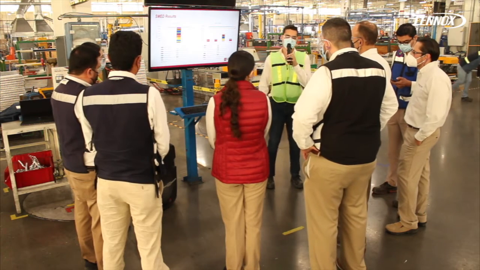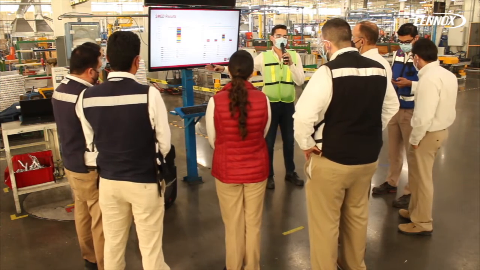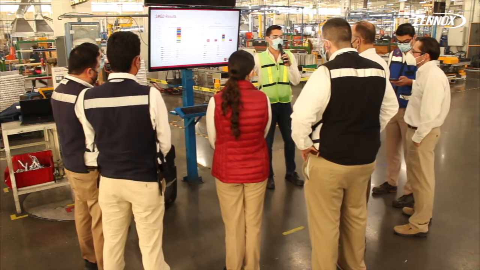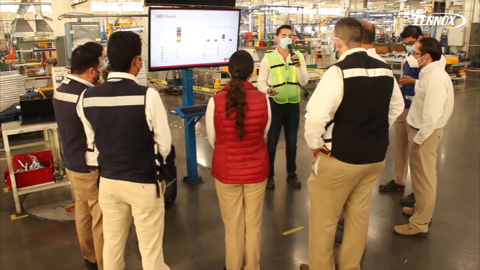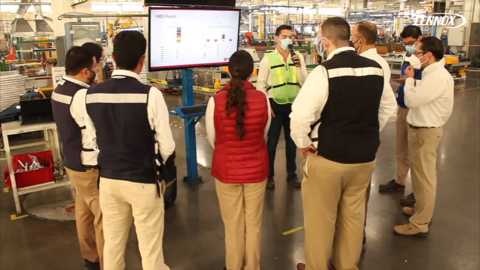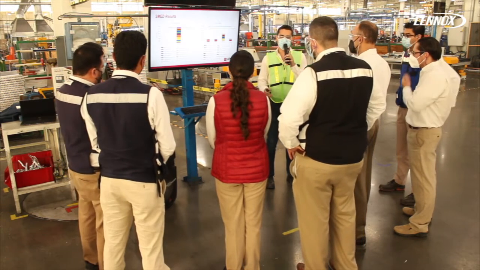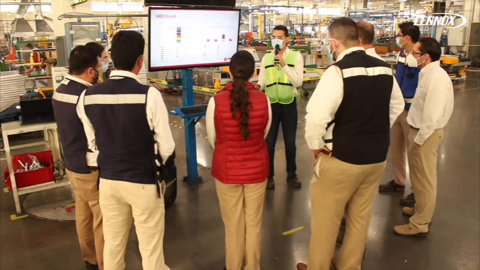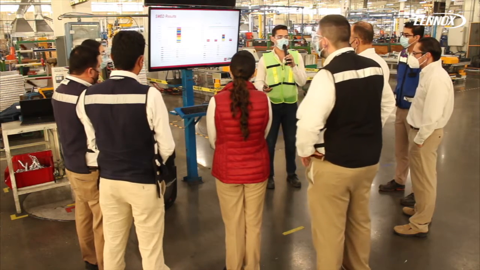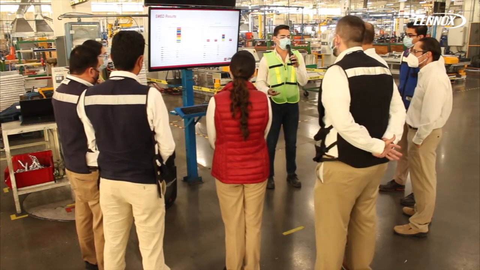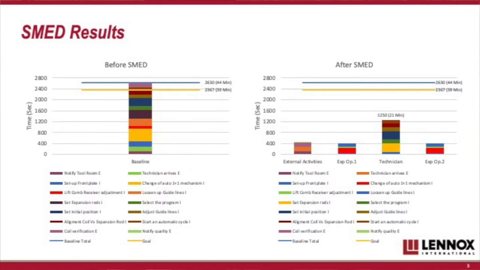Well, first of all, in the graph on the left part of the screen, we can see how it was done before the SMED methodology implementation. In this graph, all the necessary steps for doing the setup change were done by only one person. It was a technician in this case, and he realized all the activities in a sequential way.